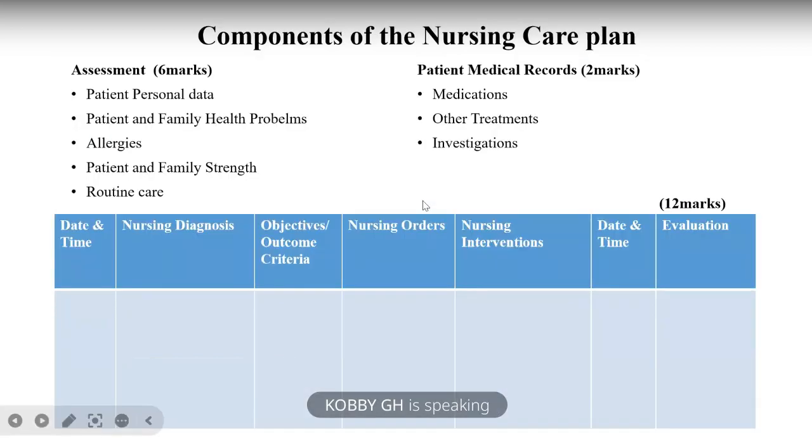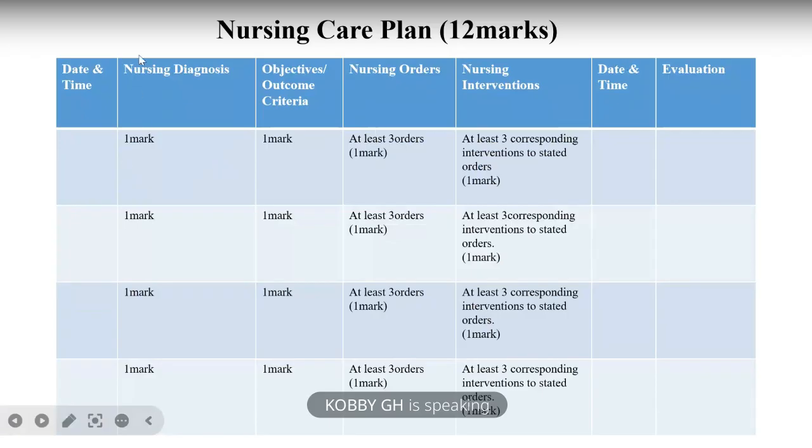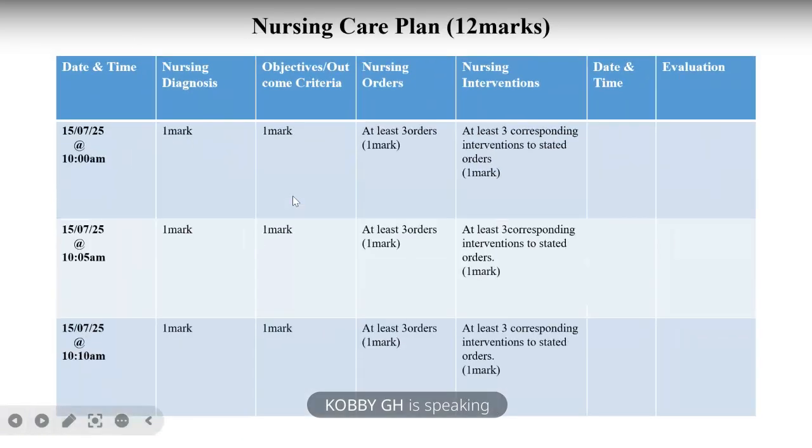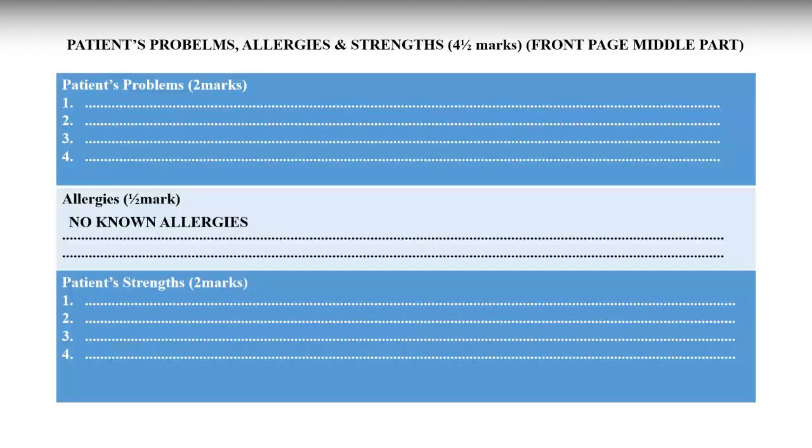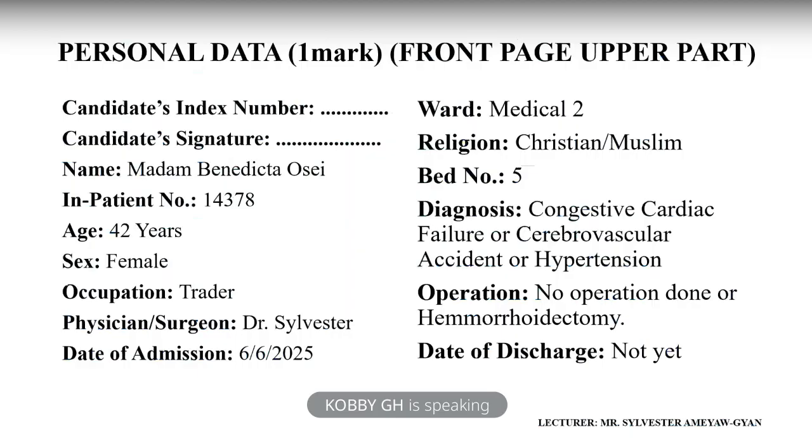So this is how the inside of the care plan looks. The nursing diagnosis, if you write it properly, you get 1 mark. In fact, I advise that the moment they give you the care plan, let's begin straight. The moment they give you the care plan, write your name, your index number, and sign. This is the first thing you write, so please follow the system that I'm taking you through. I'm pleading with you.